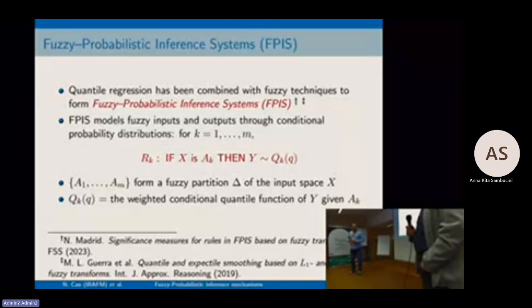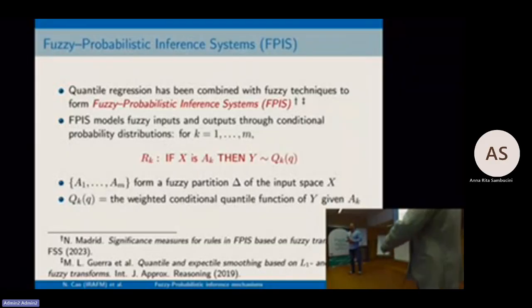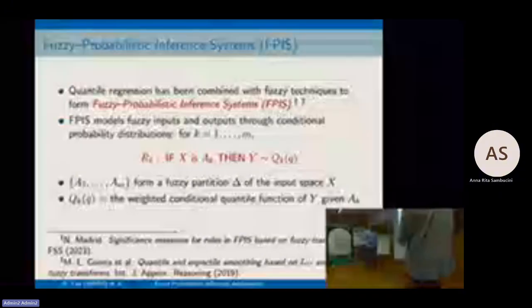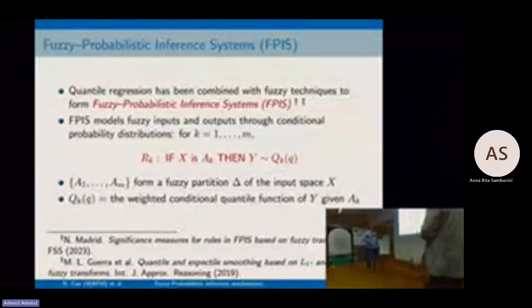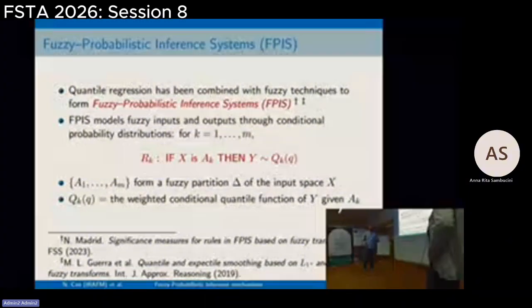Any other questions? When you cite that paper, do you think to try expectiles in the future also? Not now. I focused on quantiles because I can determine distributions, and I would like to use it to determine distributions in the future in time series forecasting, because this is the relevant concept from probability.